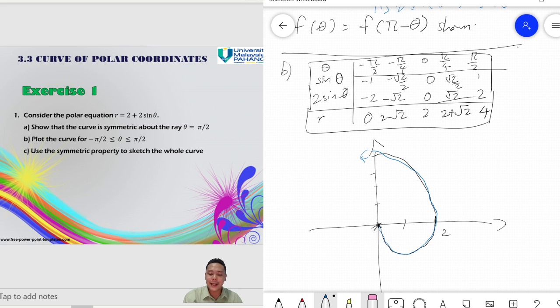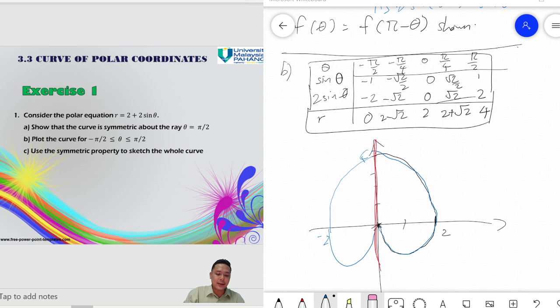That's all, because it's until pi over 2 only. So by using the symmetric property, where is the ray? The ray is at pi over 2, here. By using the symmetry, you can continue the line here. This one is at negative 2, back to 0. It will be a heart shape like this.